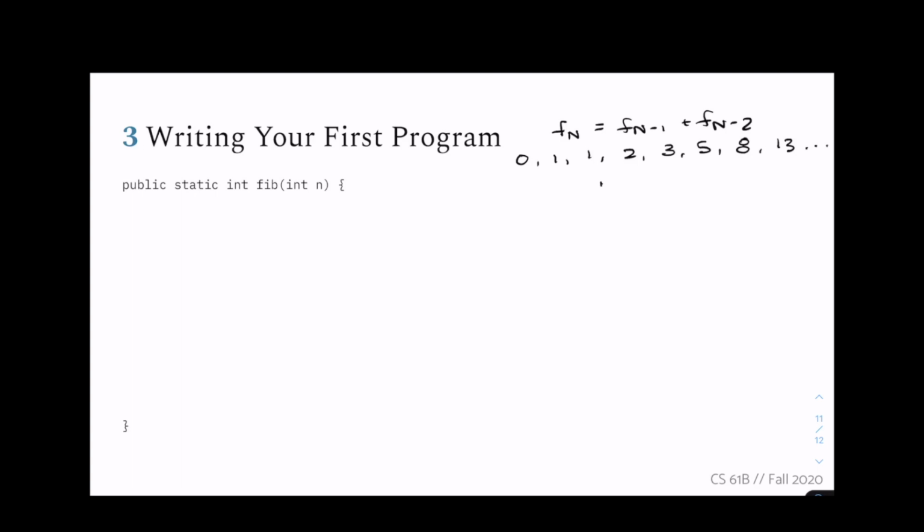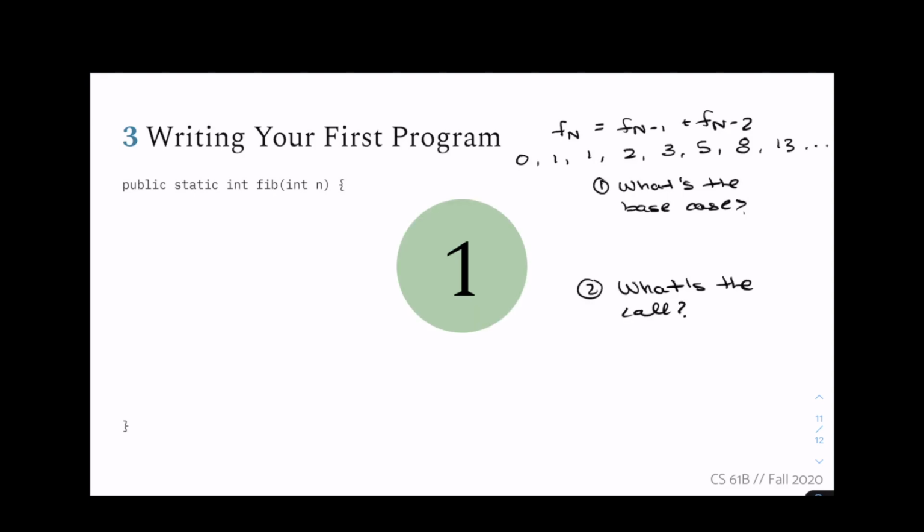So, first, there are a couple questions to consider. What's the base case? And then, what's the recursive call? So for the base case, let's think about it. At what point can you do no more calculations to figure out what the Fibonacci number is?